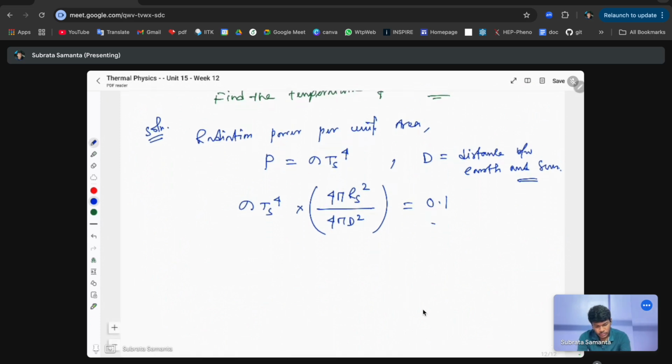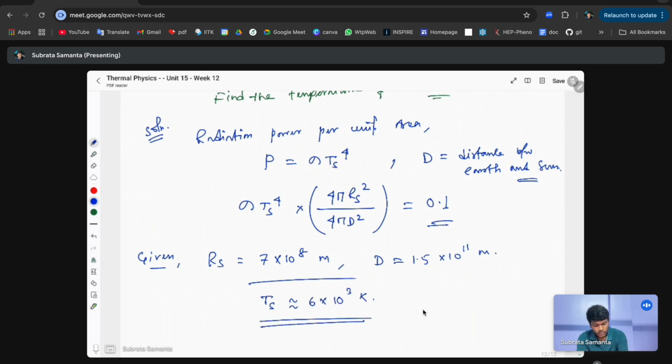So this is basically 0.1 watt per centimeter square. Given Rs is 7 times 10 to the power 8 meter, and the distance d is 1.5 times 10 to the power 11 meter, you can calculate Ts, the sun temperature, which is around 6 times 10 to the power 3 Kelvin. So please cross check this.